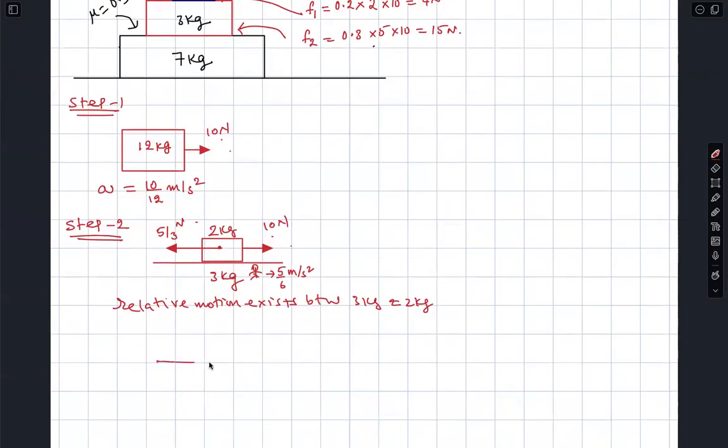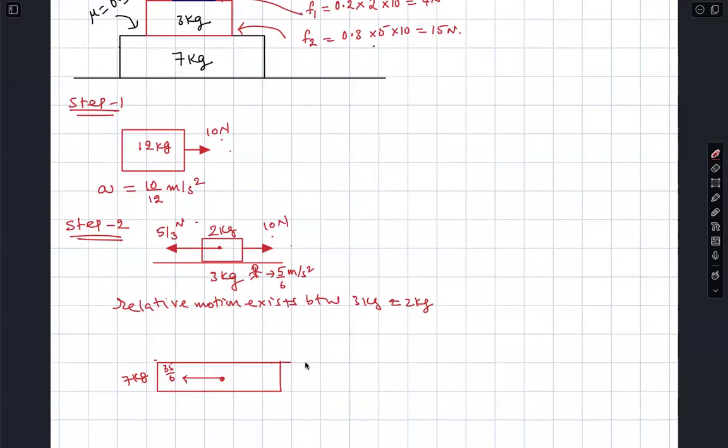Now I need to confirm one more. Let me see what is happening to the 7 kg block. Now I am studying the 7 kg block. On the 7 kg block, what is the pseudo force? Here the same thing, 7 into 5 by 6, nearly 35 by 6, nearly 6 newtons.